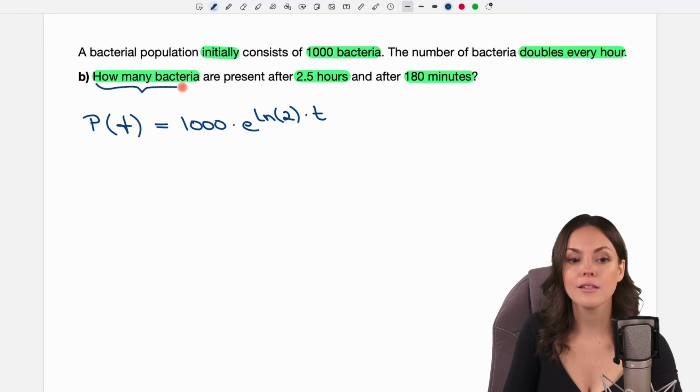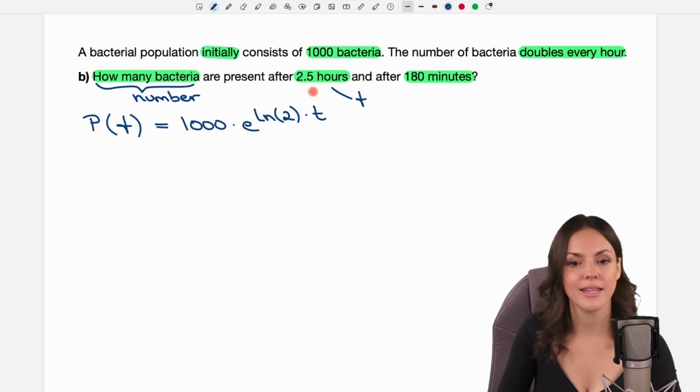So this is the number of bacteria is what we're looking for. After 2.5 hours, this is a time that they give us, and then they also give us a second time, so we have two separate calculations here. We start with the 2.5 hours first and take a look at this later then.